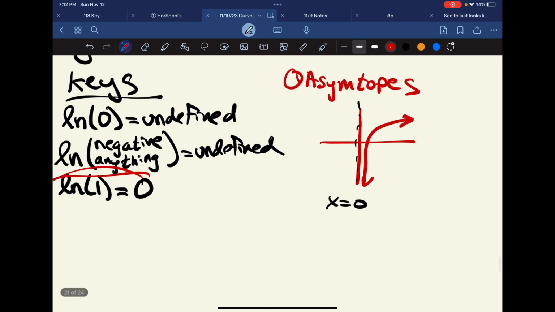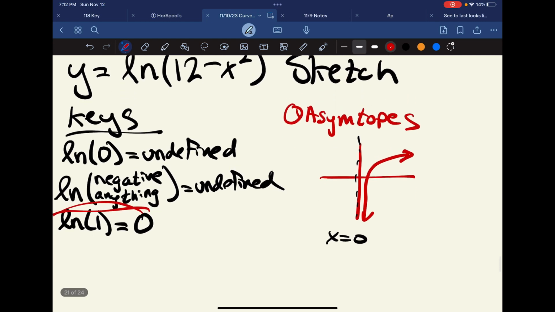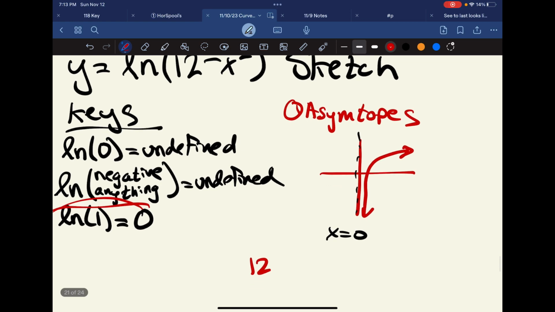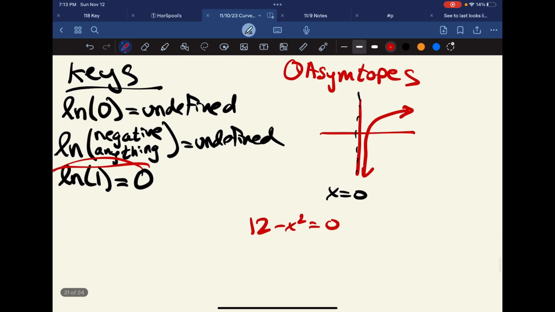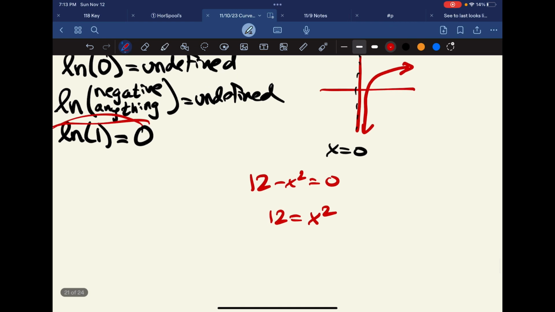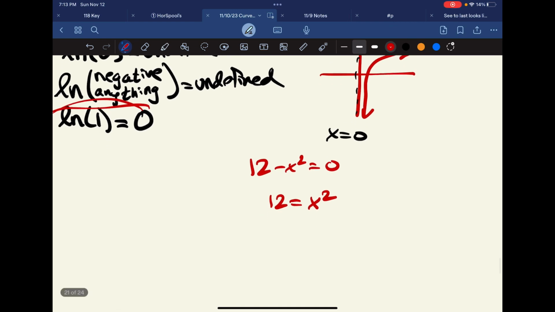So in this scenario, we're going to set the inside of the ln equal to 0 to figure out where our vertical asymptotes are. So 12 minus x squared equals 0, and that is because you can't take ln of 0, right? So if we want to find the vertical asymptote, we've got to figure out where the inside equals 0. So this is going to happen at plus or minus the square root of 12.